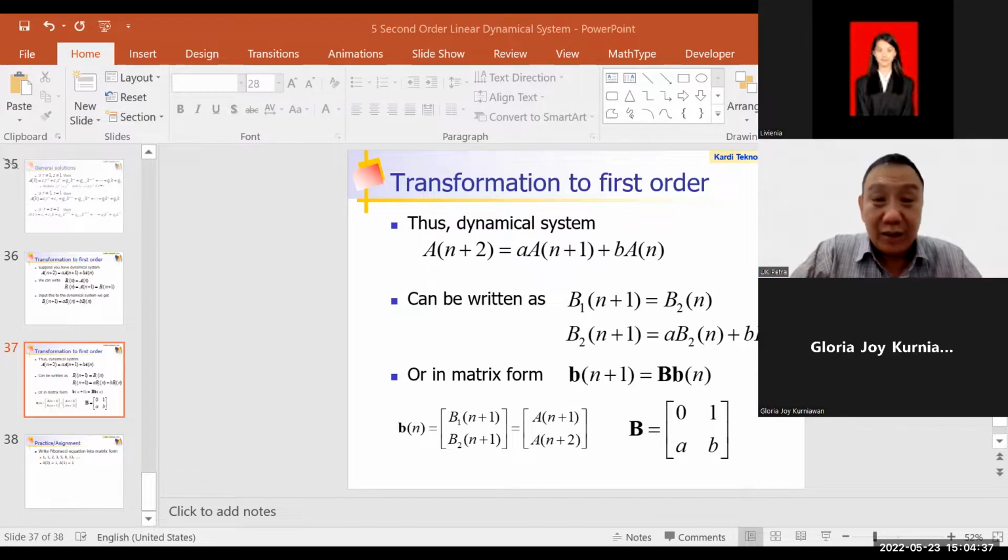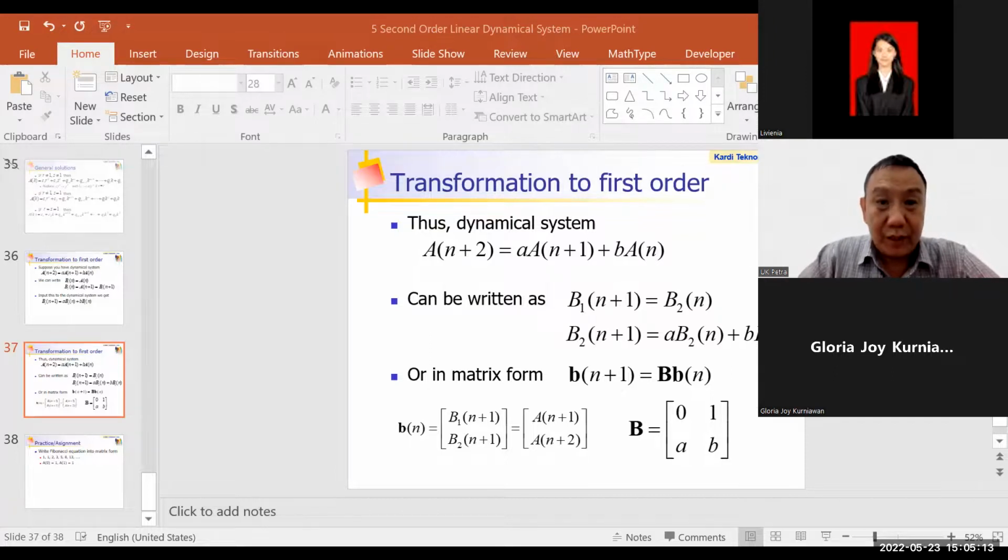This is what you will substitute. Then you know that x1 k plus 1 equal to y k, x2 k plus 1 equal to y k plus 1, which is equal to x1. Then you can put this back into the difference equation to make this matrix.